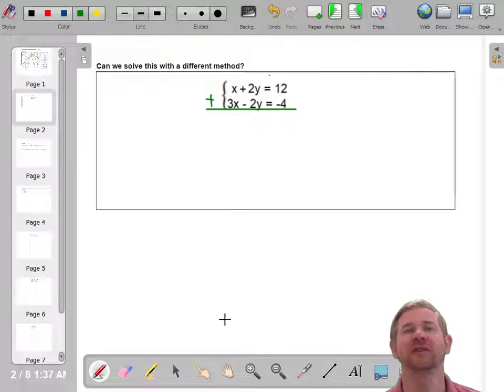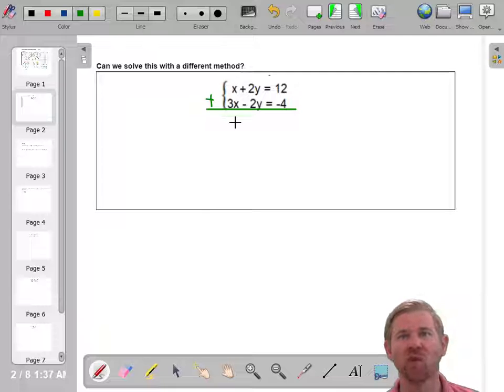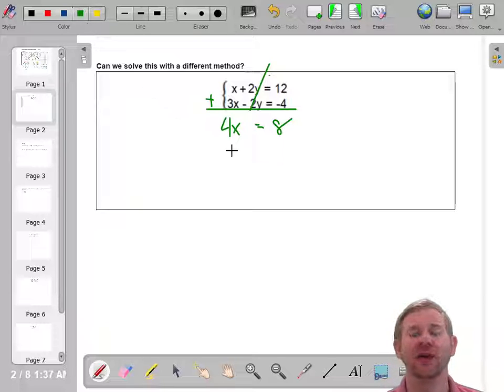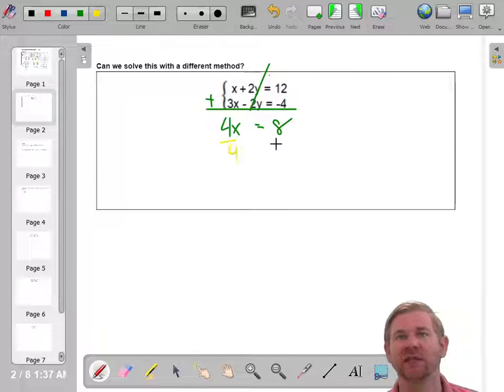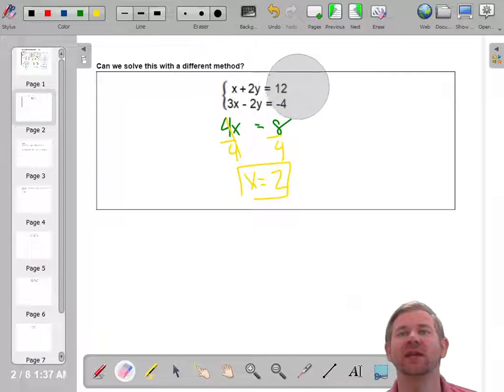If you add these equations together, you have 1x plus 3x, that makes 4x. 2y and negative 2y make 0. So those cancel out, and 12 minus 4 is 8. You have a one-step equation where when you divide, you get x equals 2 almost immediately, which is nice. Now, once you know x, you can go back, and it doesn't matter which of the two equations you pick.